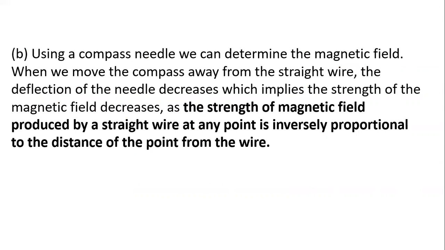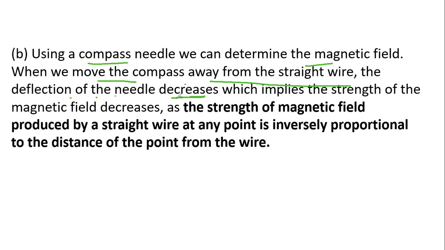See here, using a compass needle, we can easily determine the magnetic field. What is that? Magnetic compass. When we move the compass away from the straight wire, the deflection of the needle decreases.